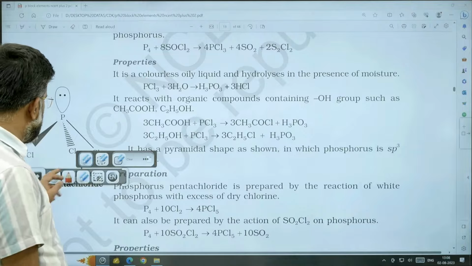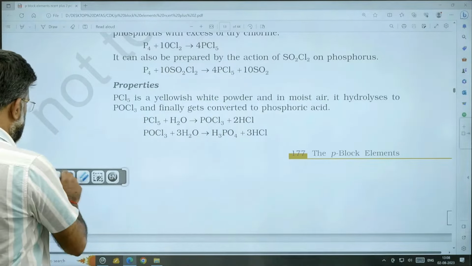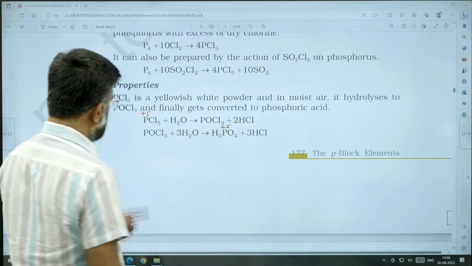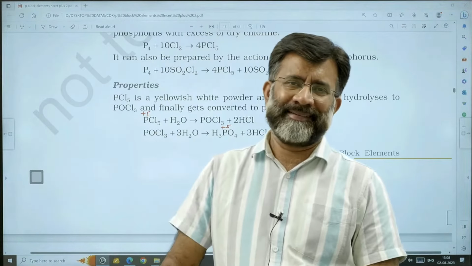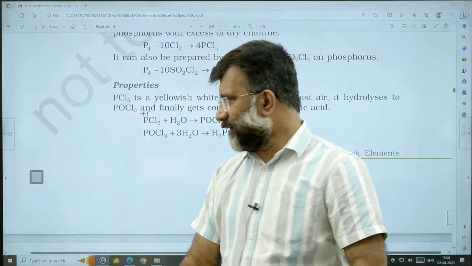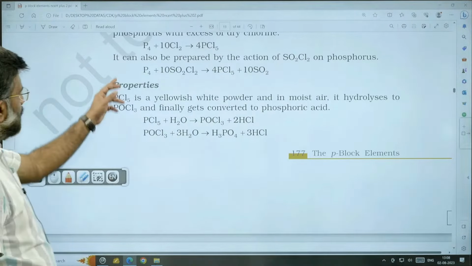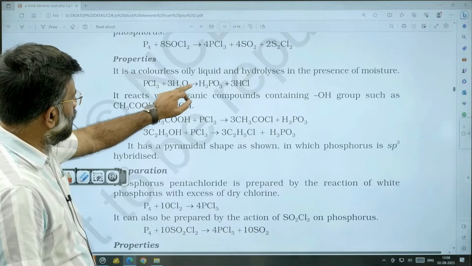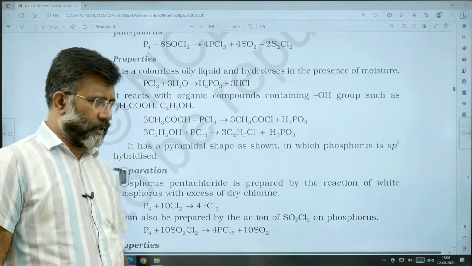Look at PCl5. How does PCl5 hydrolyze? PCl5 undergoing hydrolysis gives H3PO4, with phosphorus in the +5 state, but that happens in 2 steps. PCl3 reacting with water is a single mode of reaction, giving H3PO3 and 3 HCl, with 3 chlorines removed together.